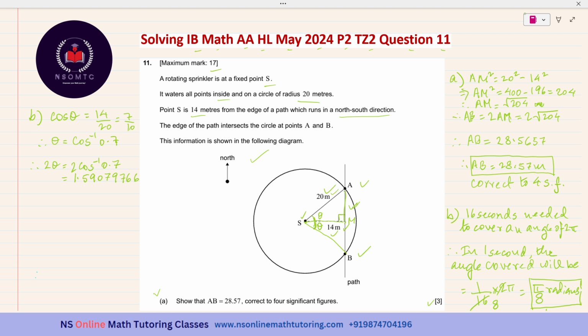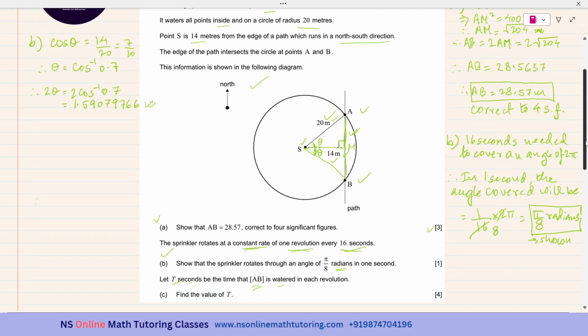And we know that pi over 8 radians, the corresponding proportional portion, is watered in 1 second. So in how many seconds will the portion corresponding to this central angle be watered? That is the simple logic that we have to apply for this question, and that time will be t seconds.